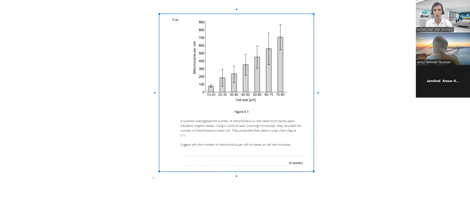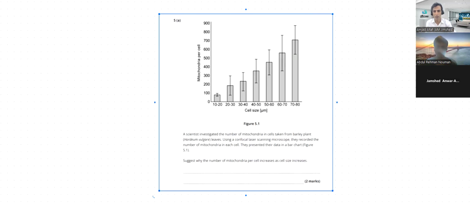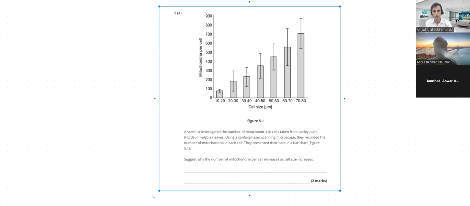Why did the number of mitochondria increase as the size of the cell increased? Is it because more energy is required for the biological processes in the cell? Like in what sense?